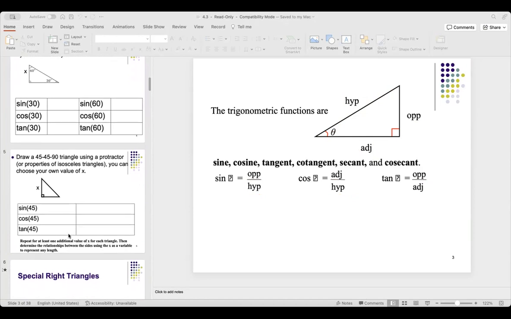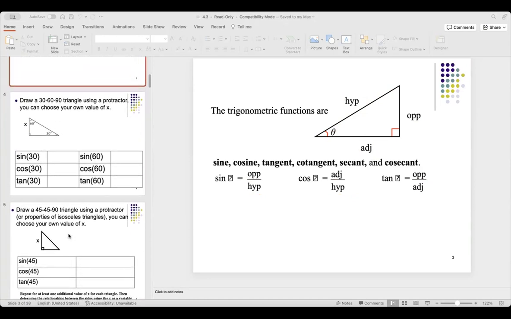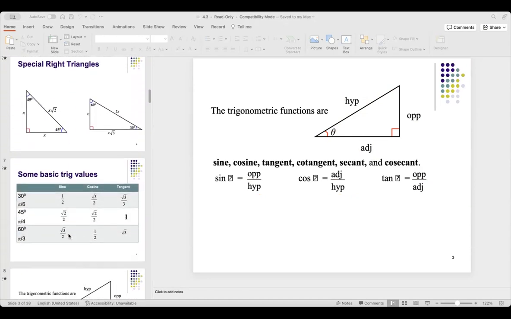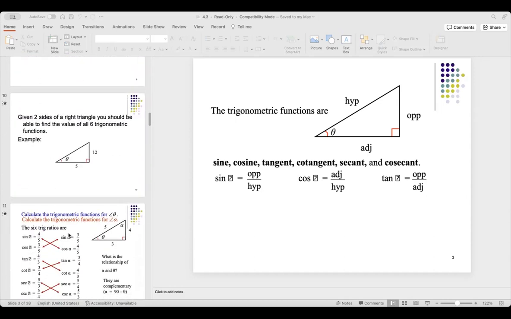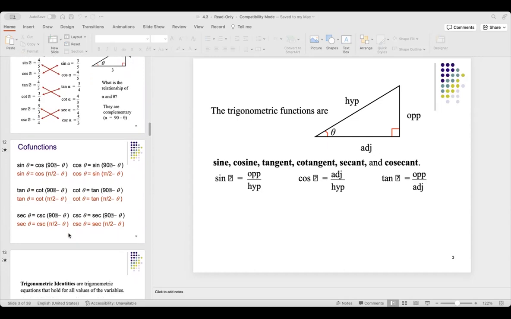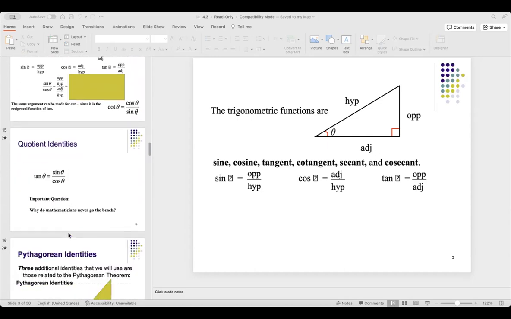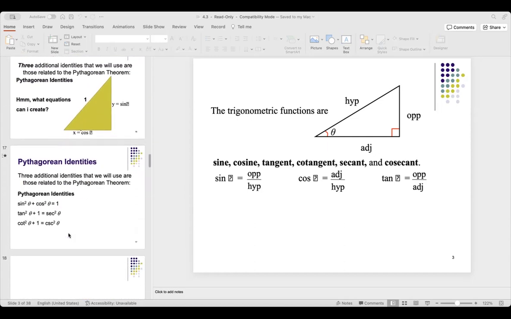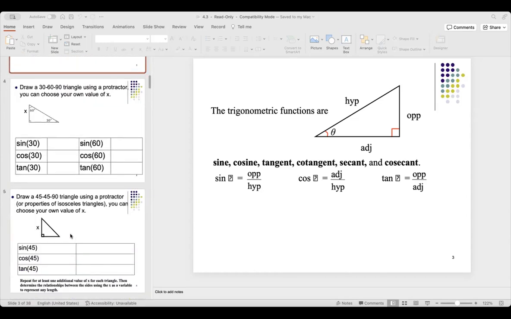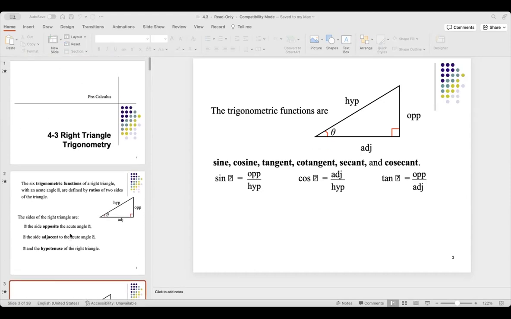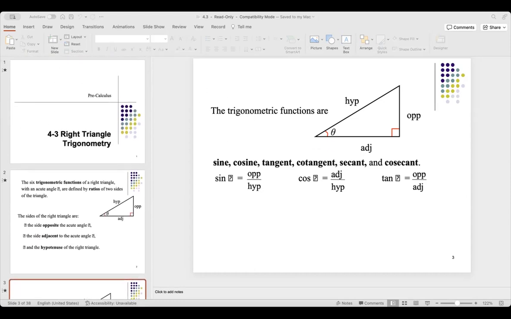So let's look at an example of a function.